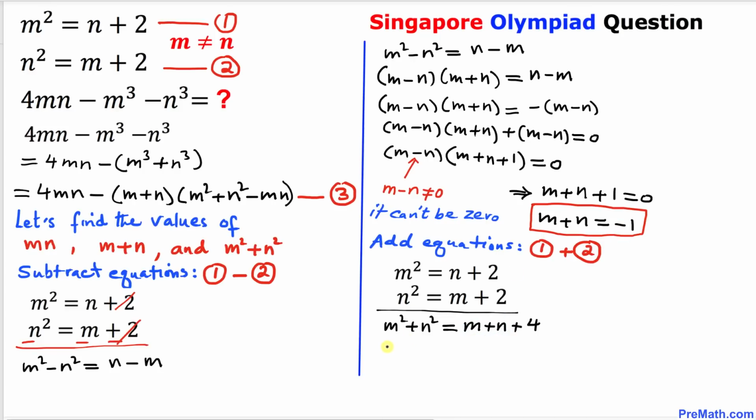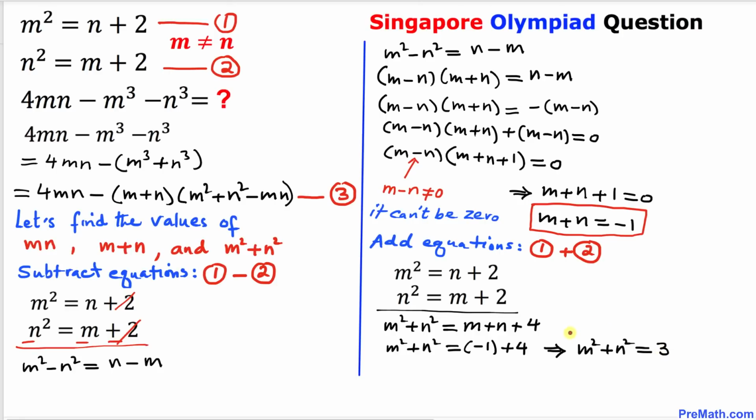So therefore m² + n² = −1 + 4, which gives us 3.